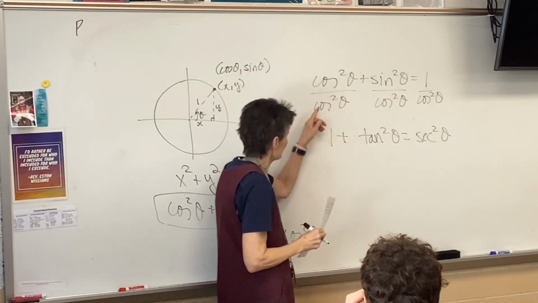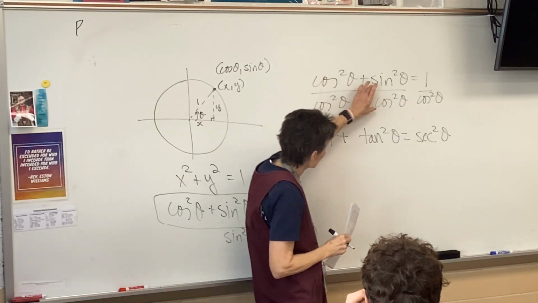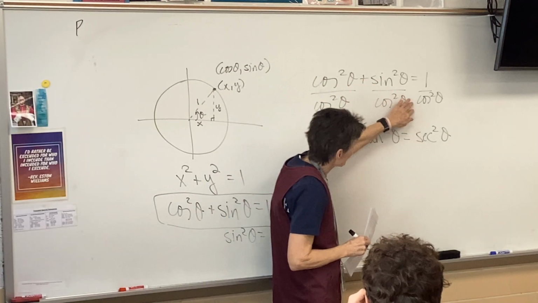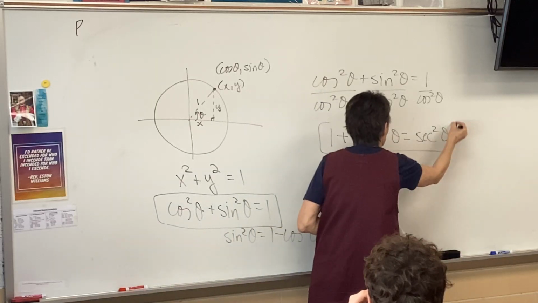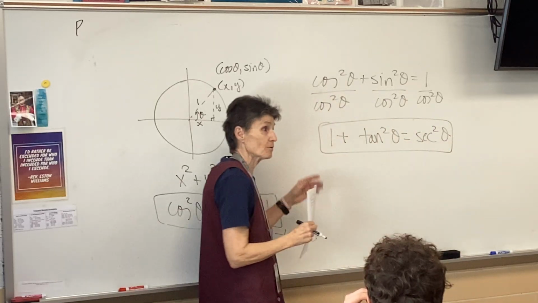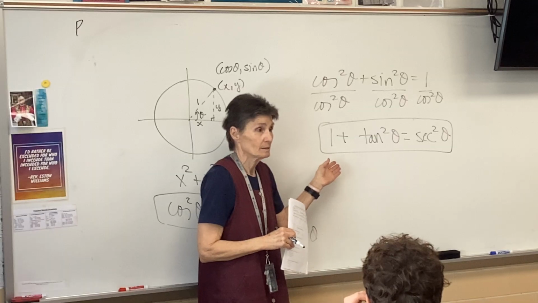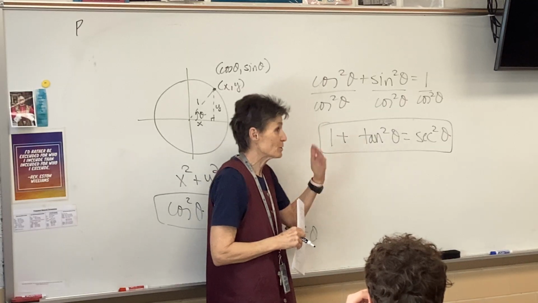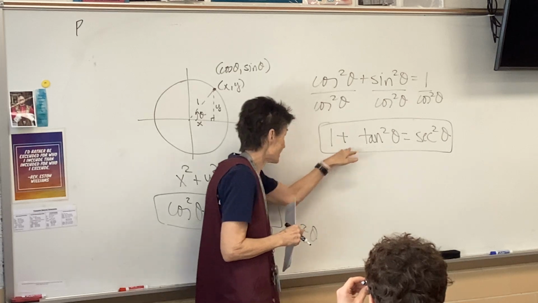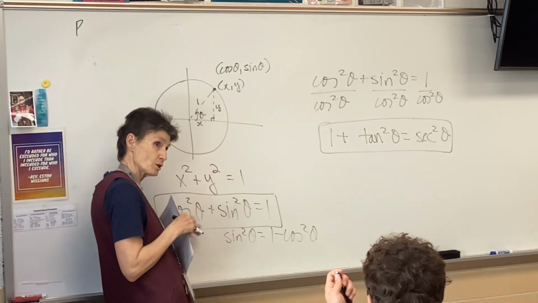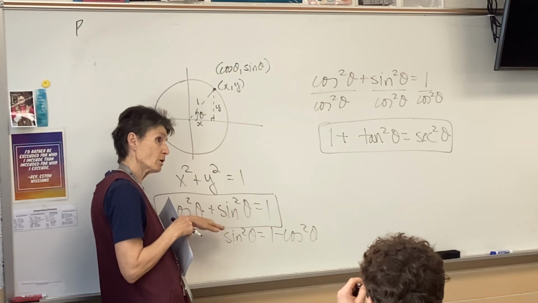See how that worked? 1 plus tangent squared equals secant squared. Now, that looks like another thing to memorize, and the more problems we do, you'll get it memorized. But for now, isn't that just another version of this? They're all gonna come from this.